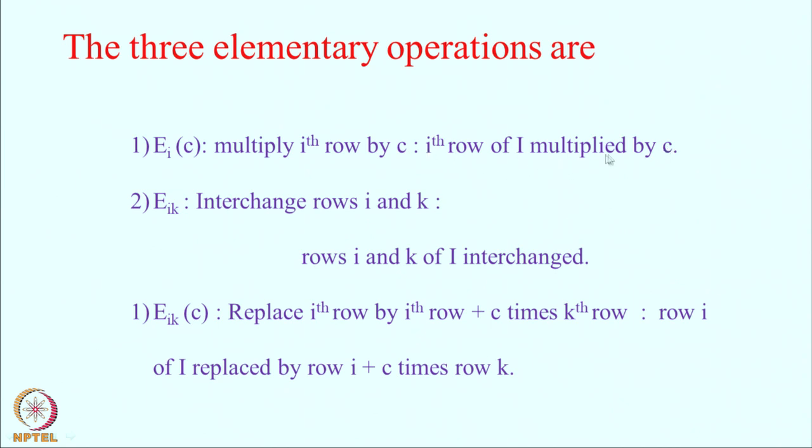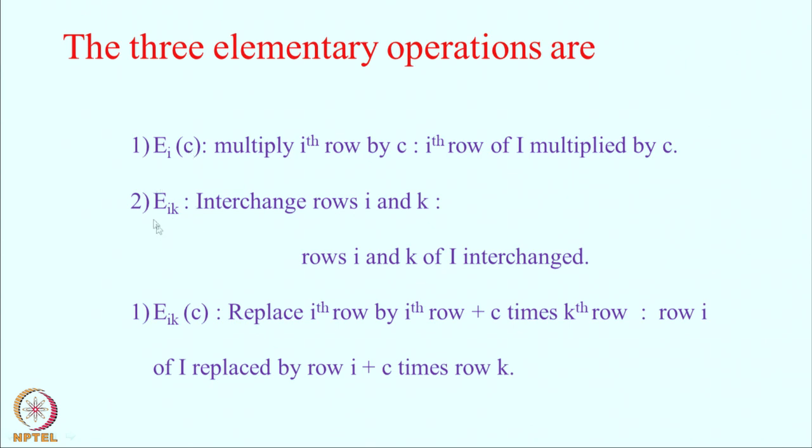So, if I take the diagonal value of the ith row and ith column of the identity matrix, multiplied by C, and multiply a given matrix by this E_i(C), I will have a situation where the ith row of this given matrix is multiplied by C. That we will take in the example in the next slide. So, this is my first elementary operation. What does it do? It multiplies the ith row of a given matrix by constant C.